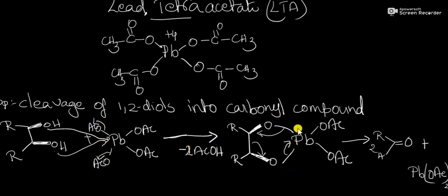In the next step, it will undergo C-C bond cleavage and be converted into carbonyl compounds. Here we get 2 moles of carbonyl compounds, and LTA is converted into lead acetate.